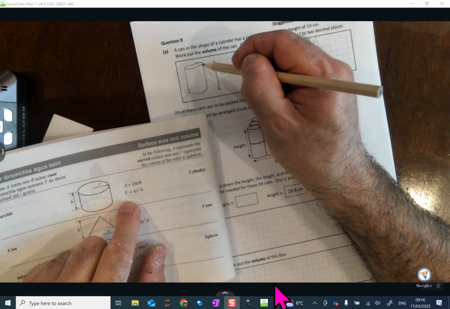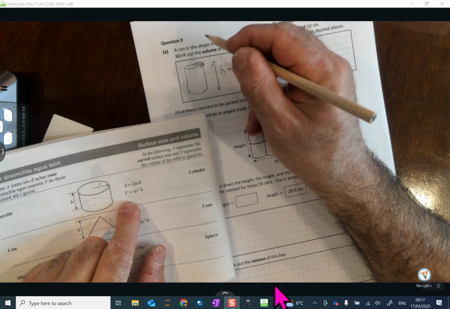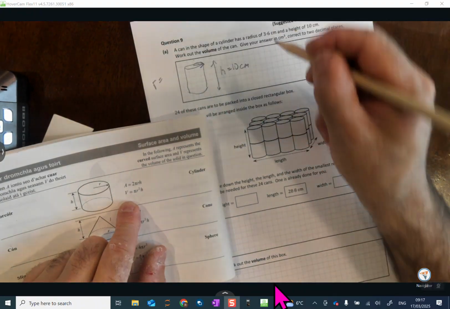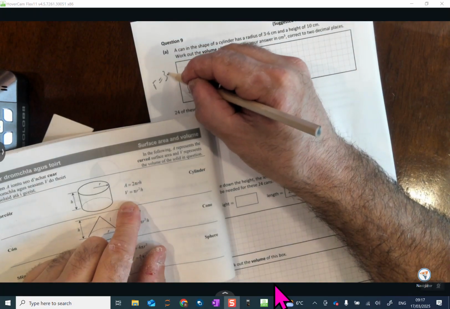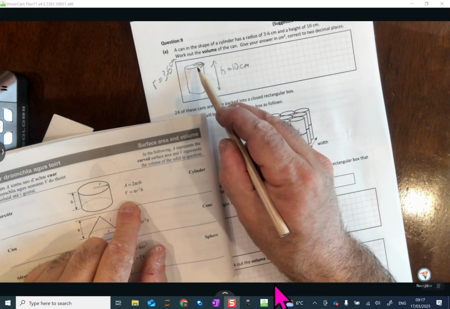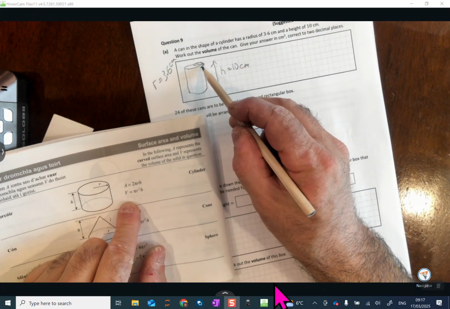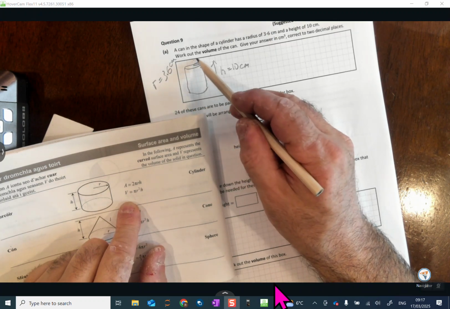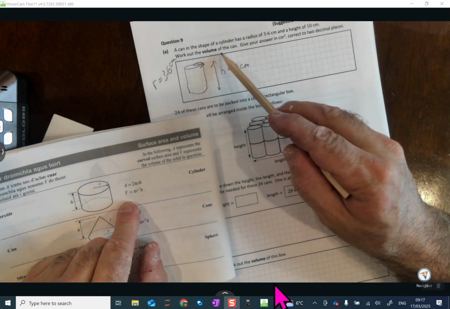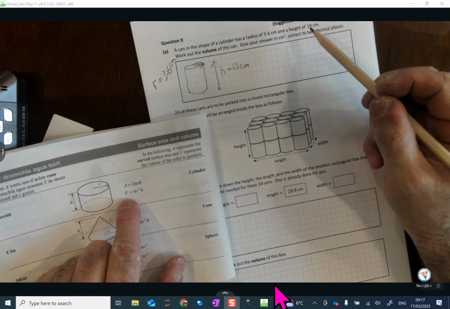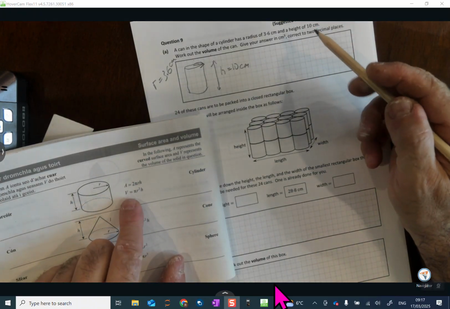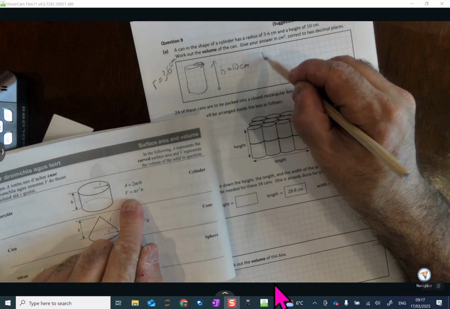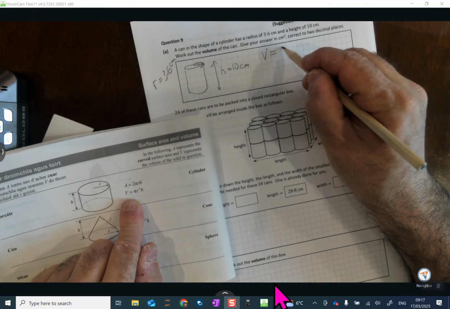And we have a radius equal to 3.6 centimeters. It's okay to offset your radius value from your arrow. Okay, don't feel you have to squeeze it in here. Work out the volume of the can. Okay, so it's the volume formula, so I'm going to write down this lower one that my finger's on here. So I'll write down the formula. V is equal to pi r squared.